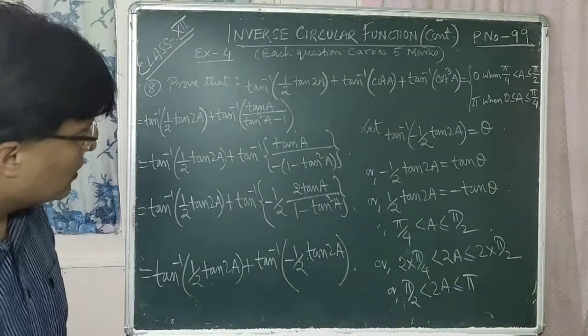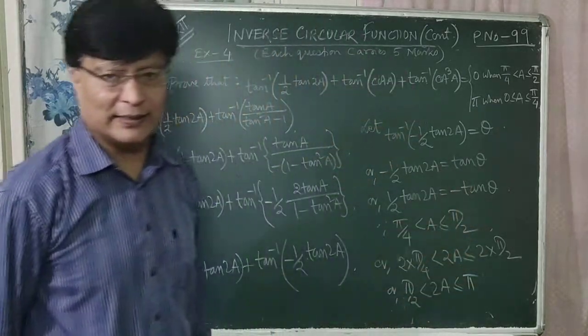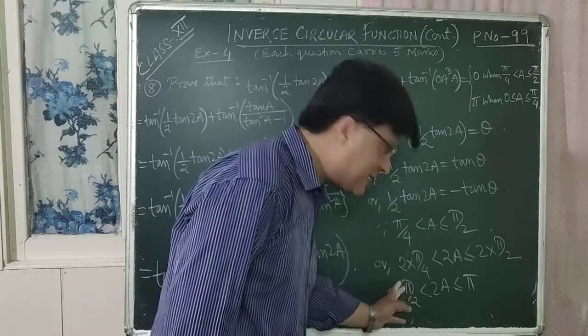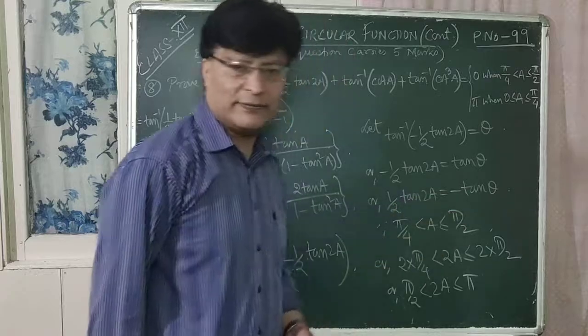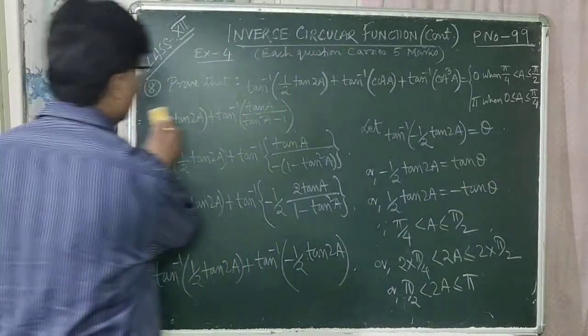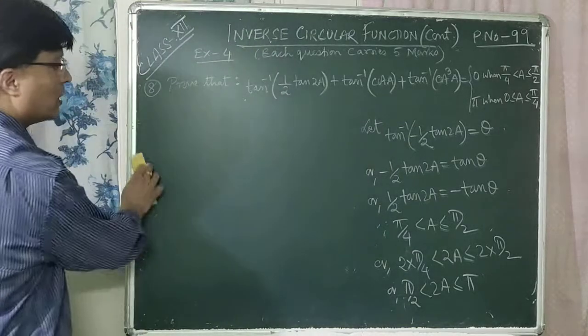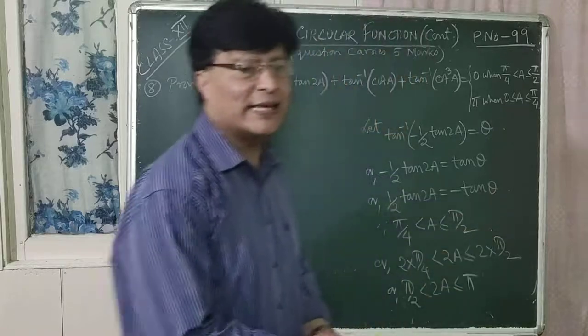That means this 2a lies within 90 degree and 180 degree. This 2a angle lies within 90 degree and 180 degree. That means tan 2a is negative, isn't it? Tan 2a is negative. Clear? So now in this case, you can write down this angle as negative angle.